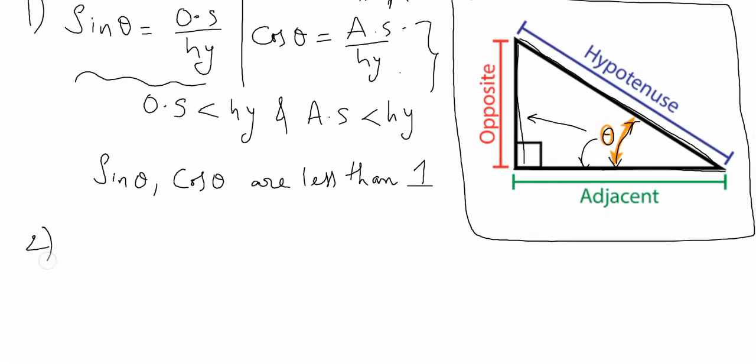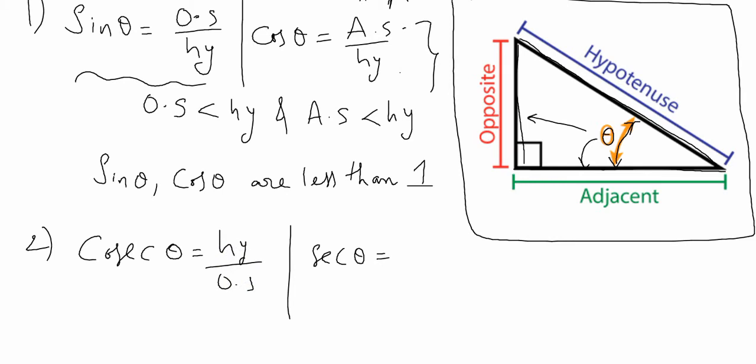Second, I am going to give the limits of cosecant theta and secant theta. Cosecant theta formula is just the reciprocal of sine, so hypotenuse by opposite side. Secant theta formula we know, hypotenuse by adjacent side.